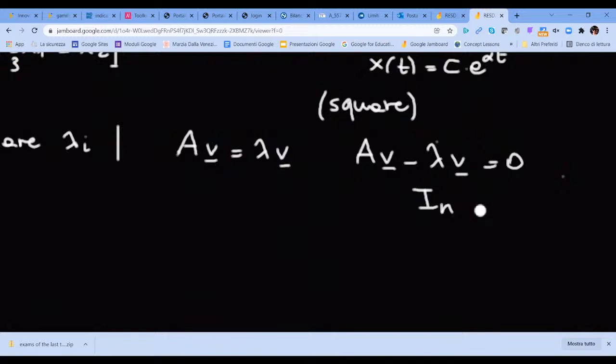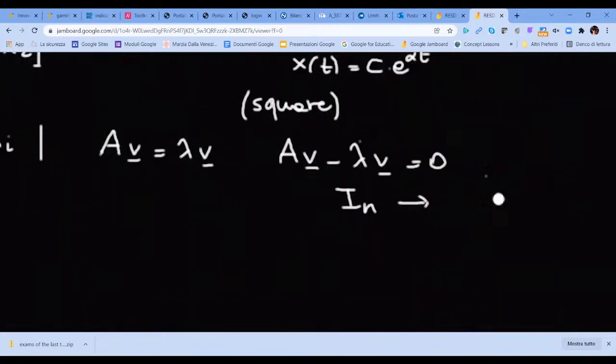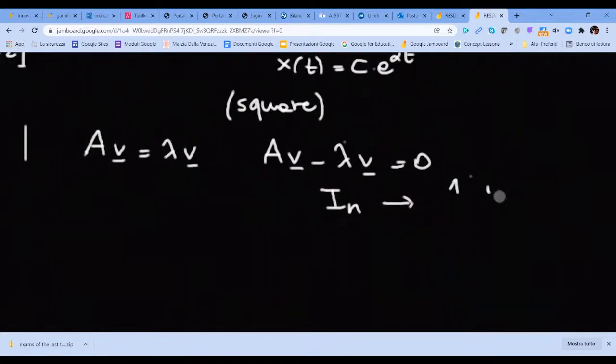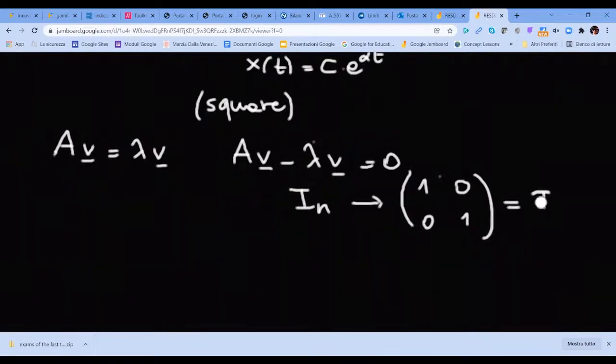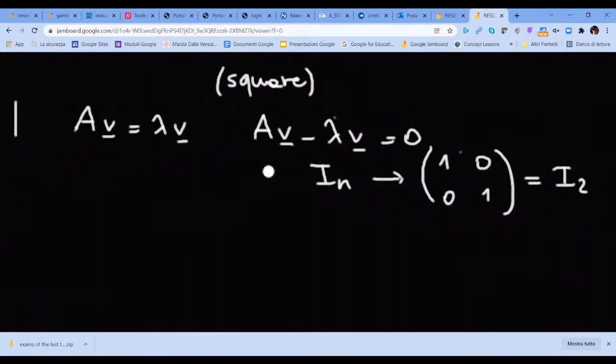This is in our case 1 0 0 1, and this is the identity matrix. This is the matrix that multiplied by anything gives the same number. A vector multiplied by the identity matrix remains the same vector, and so for every matrix.